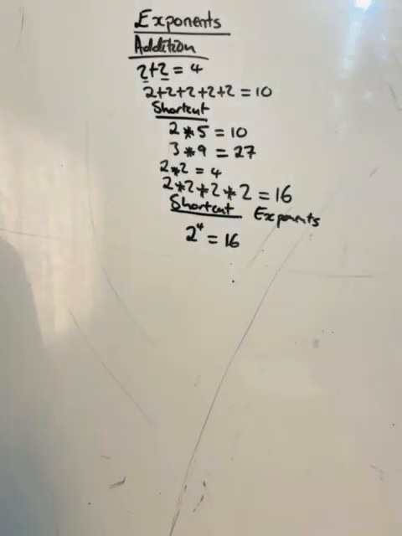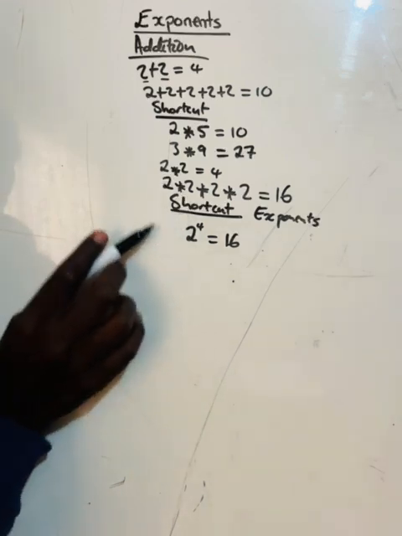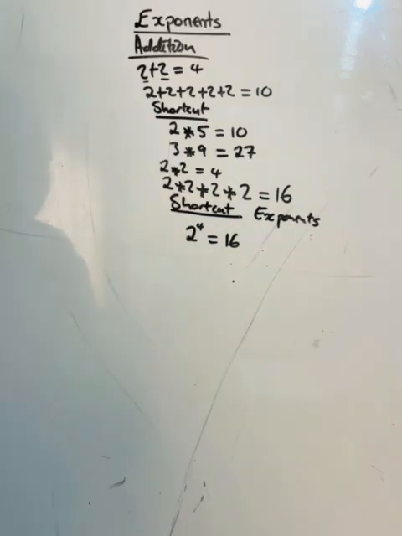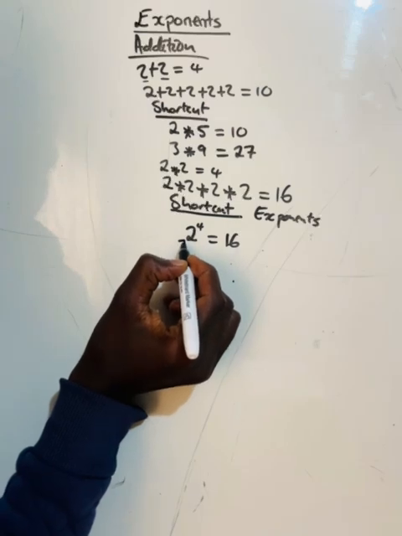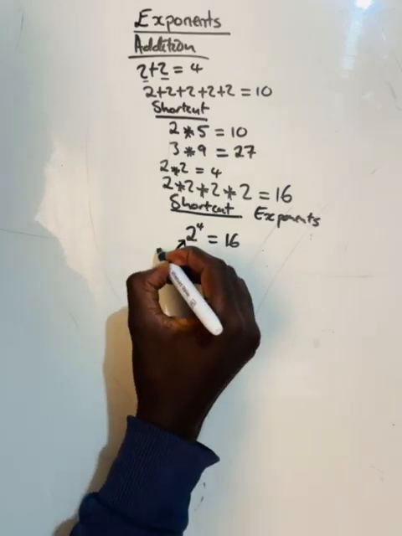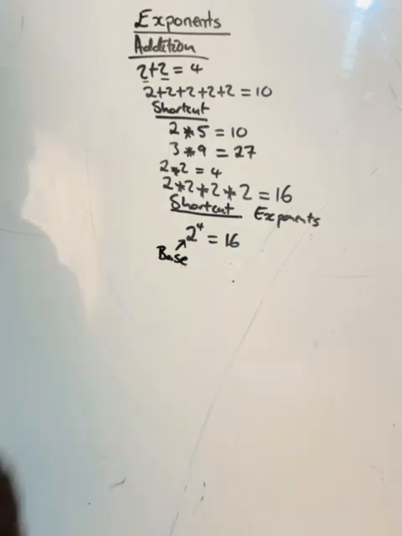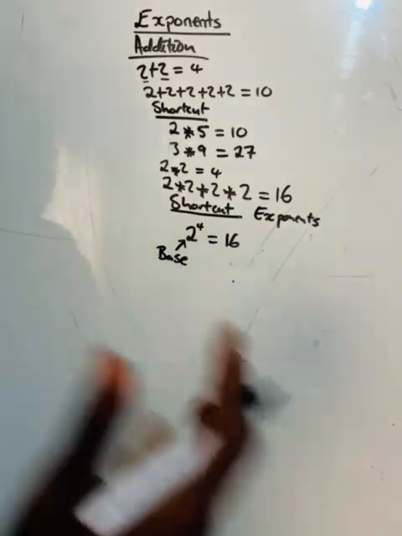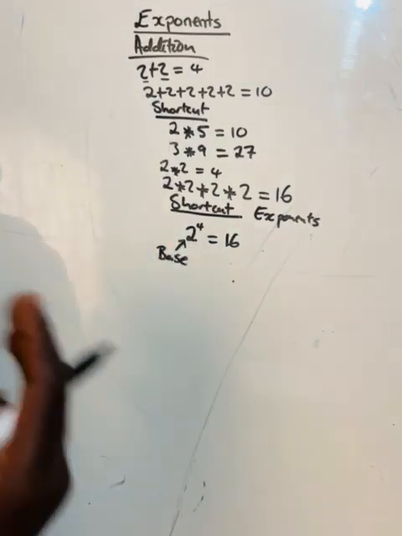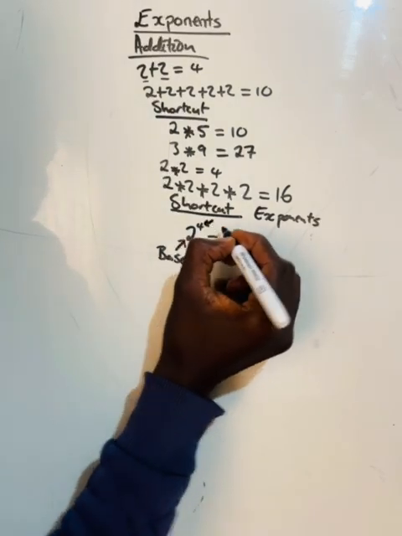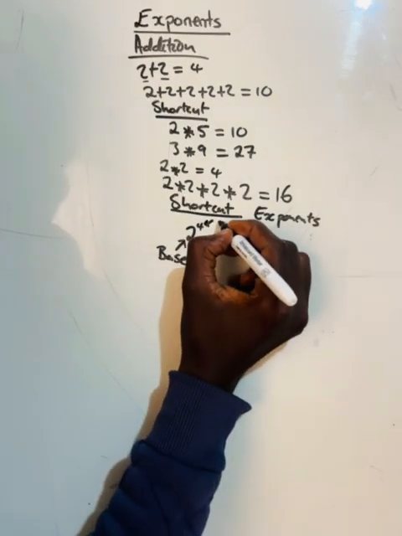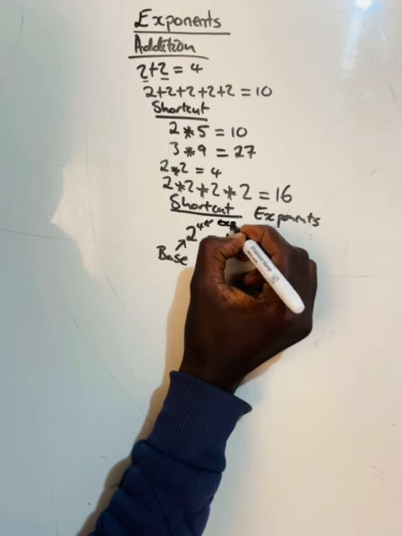So what we have written here has got names. This 2, the number that is repeatedly multiplying itself, is called what? A base. And the number of times that this base is repeatedly multiplying itself is what we call an indice or an exponent.